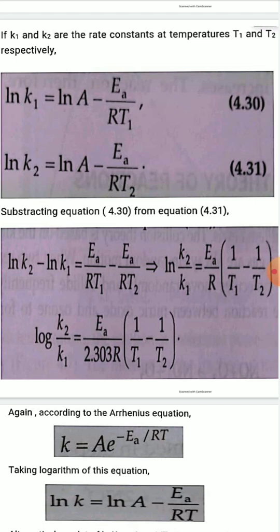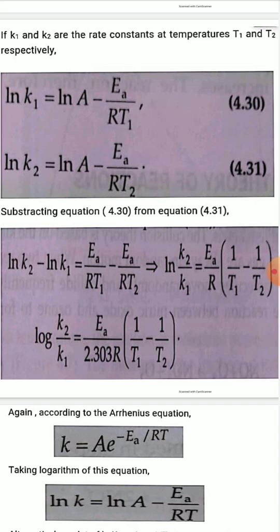If you convert ln to log 10, it becomes log K2 by K1 is equal to Ea by 2.303 R into (1 by T1 minus 1 by T2). This is an important relation between temperature and velocity constant at two different temperatures.